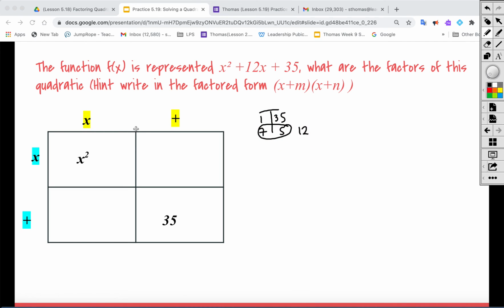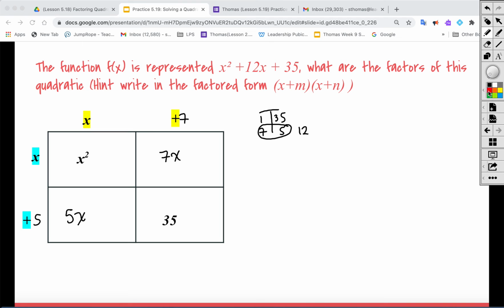So I know these are the factors I'm going to be using, which means one factor is x plus 7. So if I put 7x here and 5x here, I know on top I'm going to have x plus 7 right here, and right here I'm going to have x plus 5.